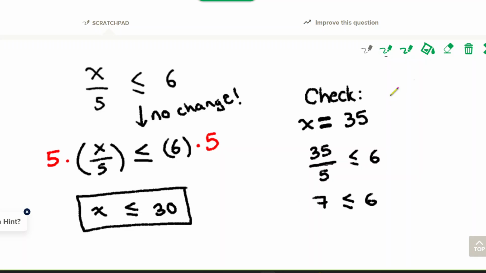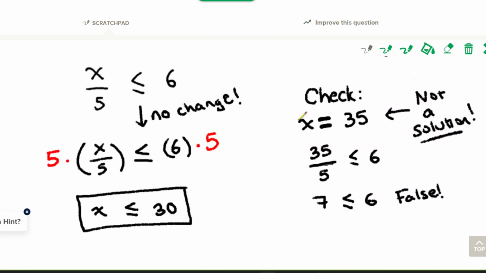And then is 7 less than 6? No, it's greater than 6. It's to the right of 6 on the number line. Is 7 equal to 6? Absolutely not. So what we have here is a false statement. That means that our value of 35 is not a solution to the inequality. That would be the case whenever I chose a value greater than 30.